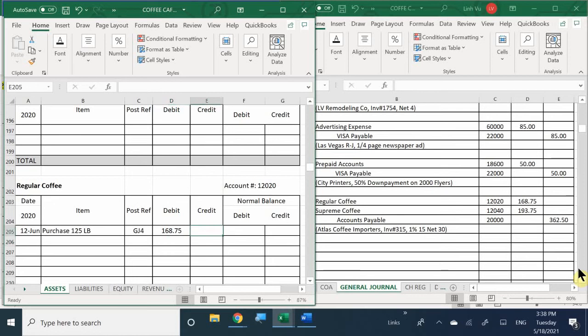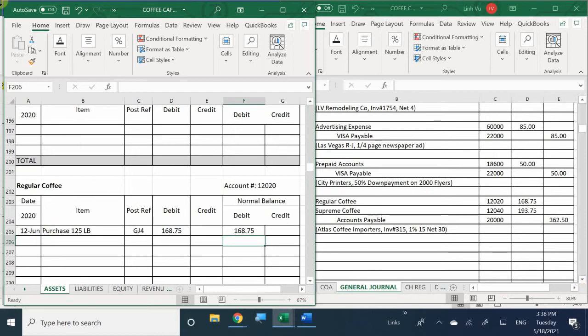And of course, because this is my very first entry in here, my first account balance is going to be 168.75. So that was your regular coffee.